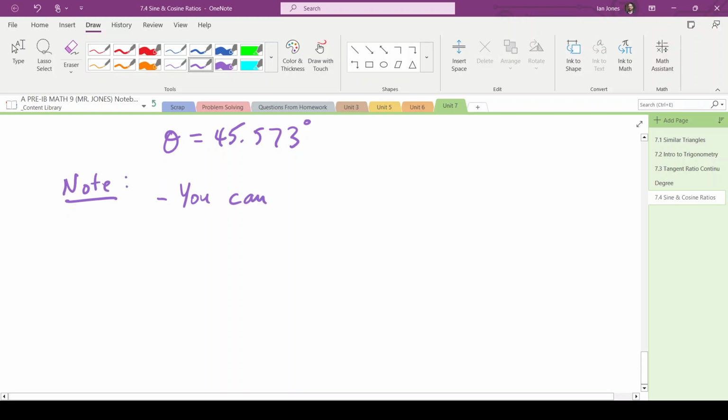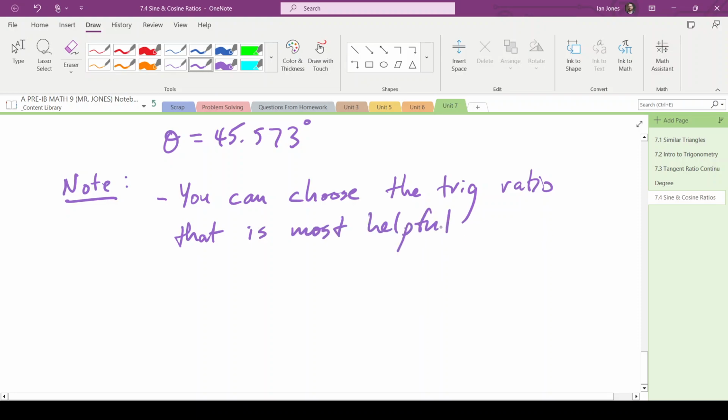You can choose the trig or trigonometric ratio that is most helpful in the situation or the context that you have. So that's the first thing.